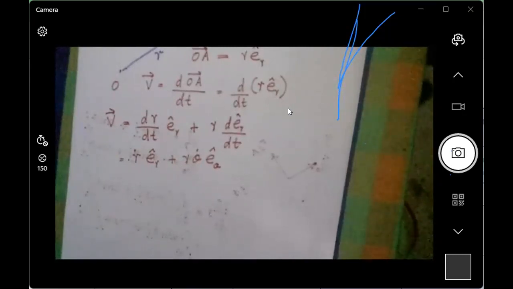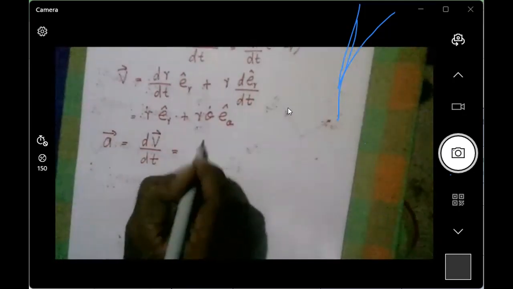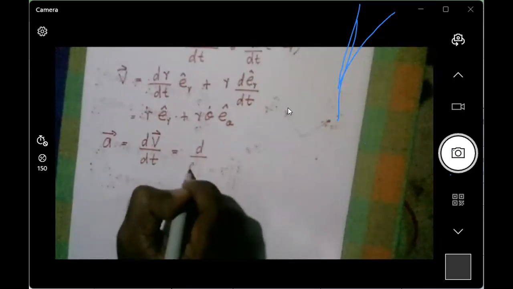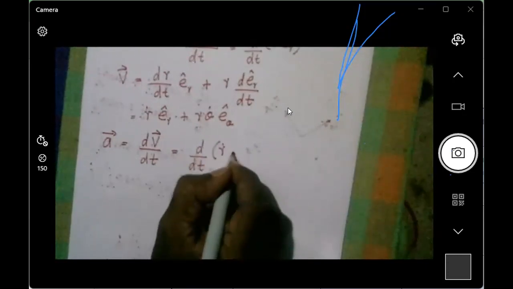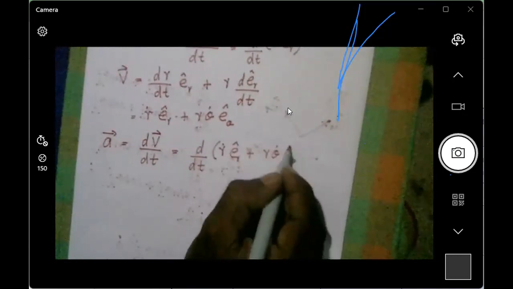Okay. Now the next one. We need to find the acceleration. a is nothing else but dv over dt. So you have d over dt of r dot e r plus r theta dot e theta hat.